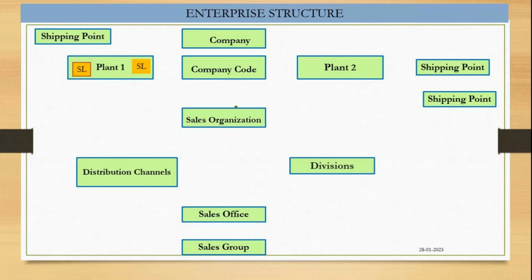Similarly, we have the plant here, plant 1, plant 2. I have taken an example. Multiple modules use plants, but usually the materials management module will create a plant. And we have a shipping point here. The shipping points are used to send the goods. These shipping points are defined by the logistics execution module, LE.